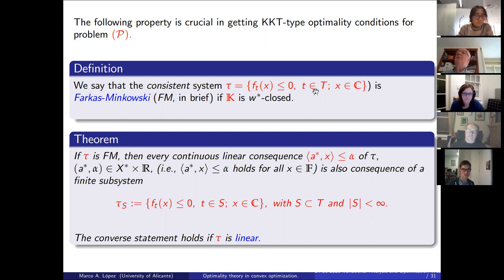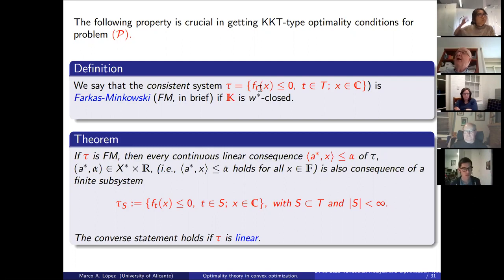If the system of constraints is Farkas-Minkowski, then every continuous linear consequence of the system is also a consequence of a finite subsystem. Suppose that you are in the finite dimensional setting, the feasible set is a closed convex set, and you have a half space containing the feasible set.